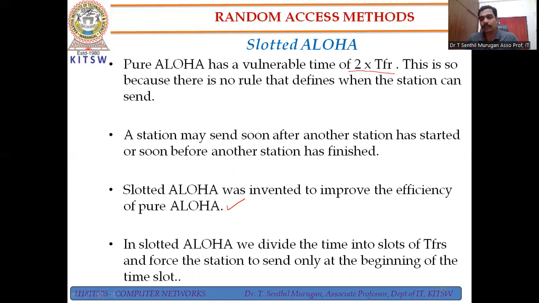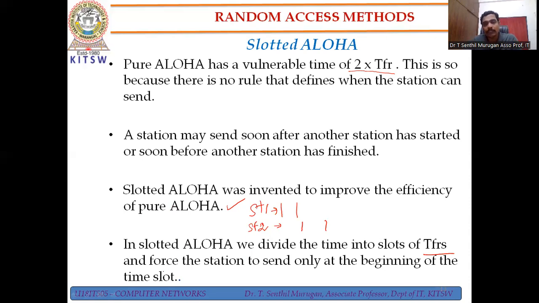In slotted Aloha, we divide the time into slots of Tfr, the time for transmission of a frame. So in this time this frame will transmit: station 1 will transmit in its particular time, station 2 will transmit at this time. Like that, the time is allocated in slotted Aloha.